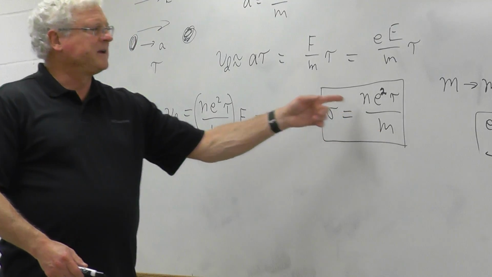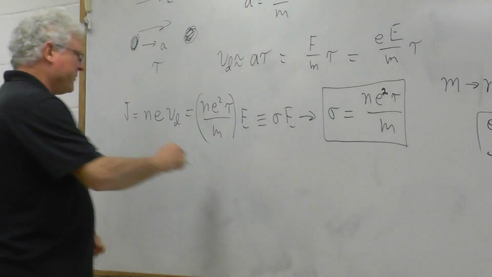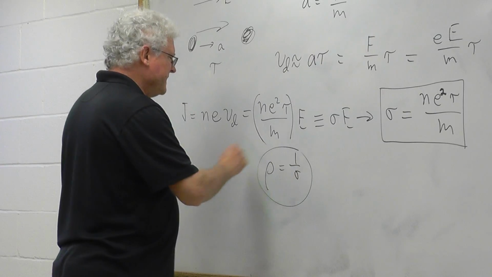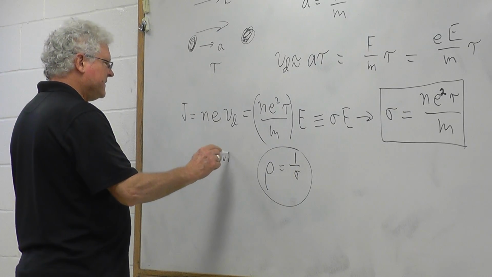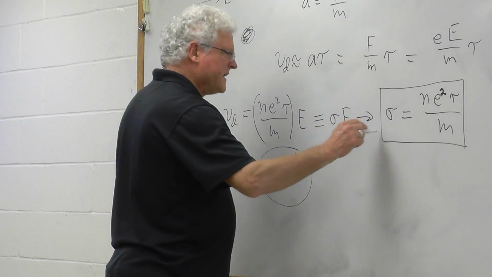Okay, so now that gives us a pretty good clue as to what to look for when we're trying to estimate how big the conductivity should be. And again, let me remind you that the resistivity, rho, is just 1 over sigma. So that's the resistivity right here, and then this, of course, is the conductivity.